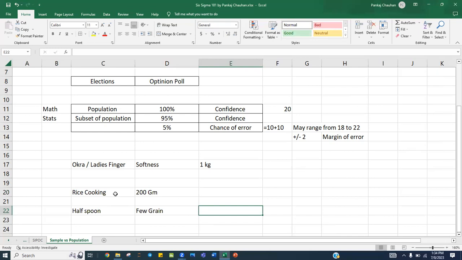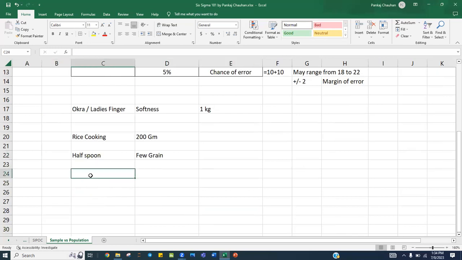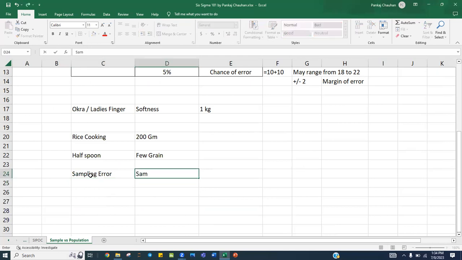That means you are picking up the sample and estimating about the population, that the entire rice is cooked or not cooked. So many times we make some error, which is called a sampling error. When does it happen? When the sample size is not selected correctly, or it's not the statistical sample size, or the sampling method which you have chosen is incorrect, right?